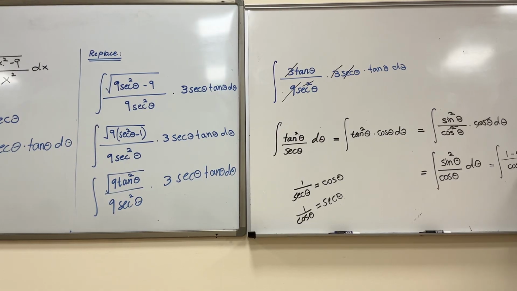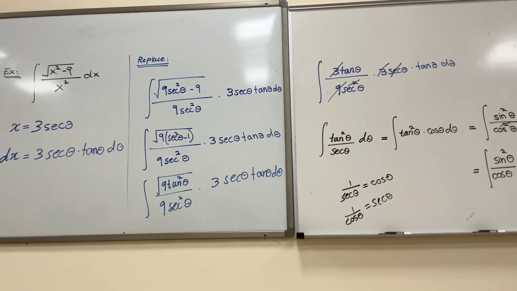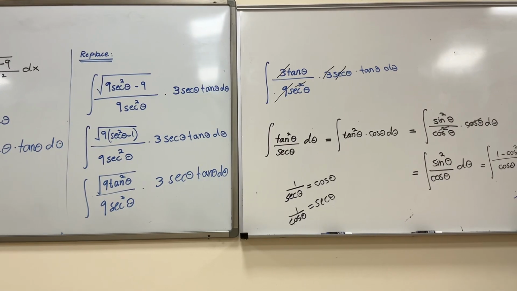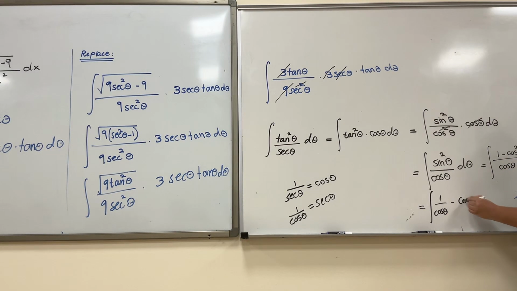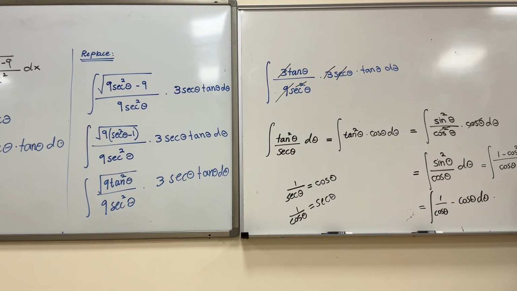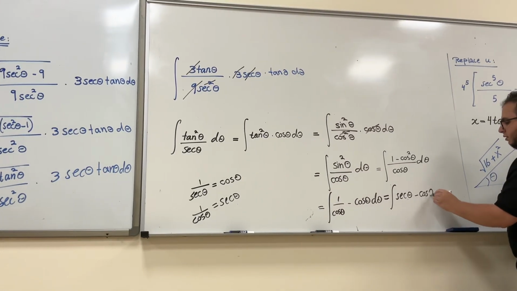And then what can I do? You can split. Make it 1 over cosine minus cosine squared over cosine, which is cosine. Which simplifies to the integral of secant theta minus cosine theta, d theta.